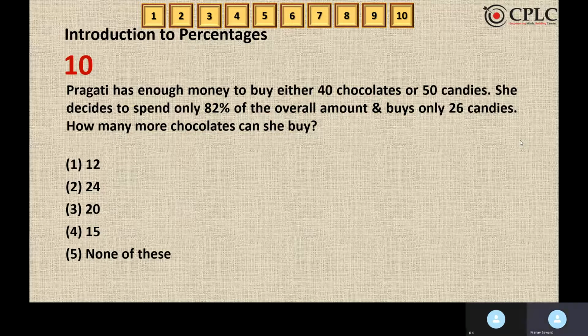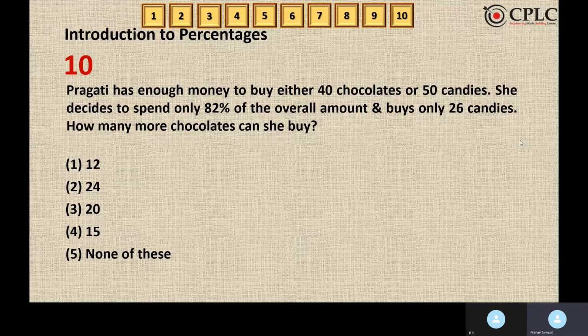Now, it is said that she decides to spend only 82% of the overall amount and buys only 26 candies. That means out of 100 rupees, 82% is 82 rupees. So she is spending 82 rupees only, and she is buying only 26 candies. So let us find out the cost of 26 candies. 26 into 2 will give us the total cost of candies.